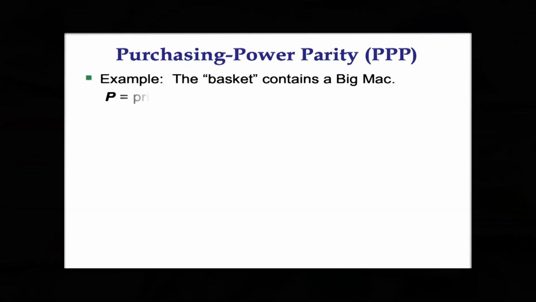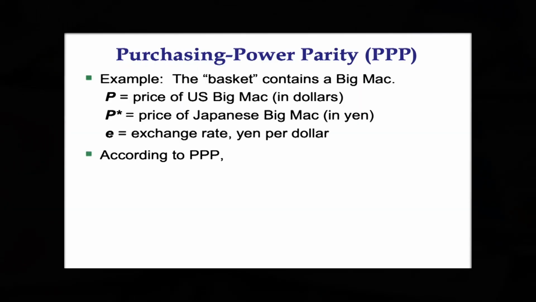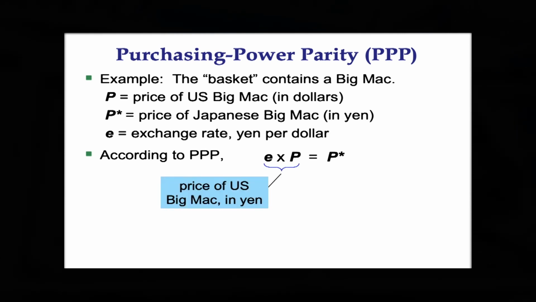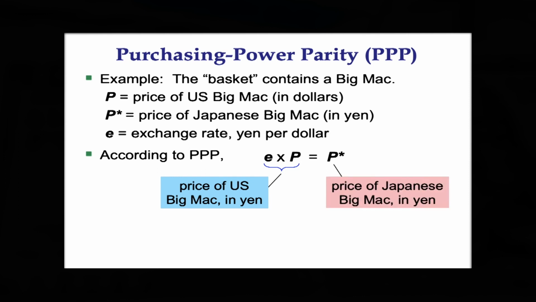This also boils down to the price, and thereby we can see E into P is equal to P star. As we said, this is the price of a US Big Mac in yen, and this is the price of a Japanese Big Mac in yen. So we can see how the equalization takes place by purchasing power parity in terms of the real exchange rate.